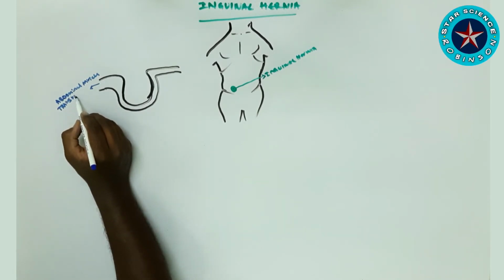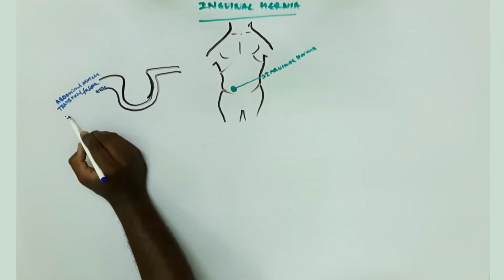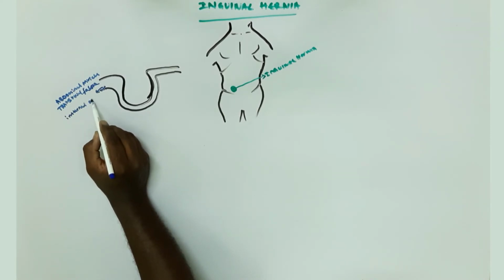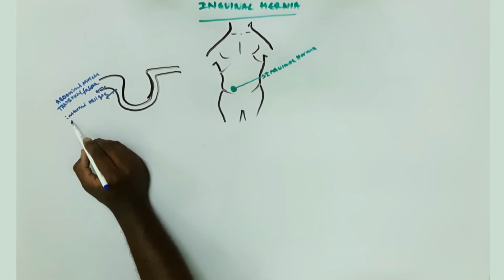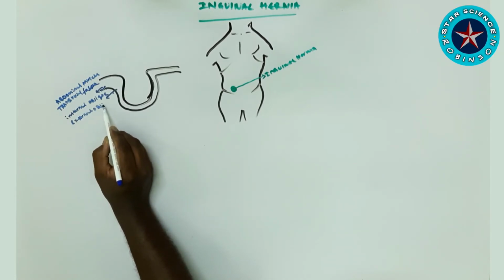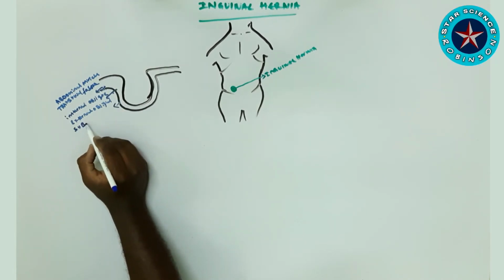Now I'm showing you what contents come out when it bulges through that portion. In the abdominal muscle there are three muscles: the innermost is the transverse fascia, then the internal oblique muscle and the external oblique muscle.